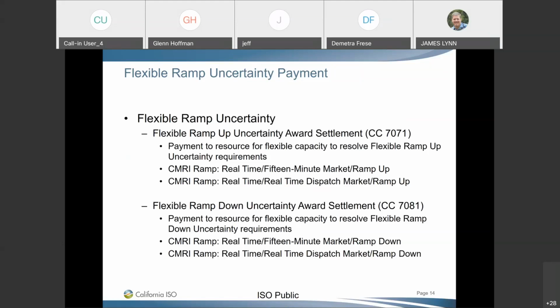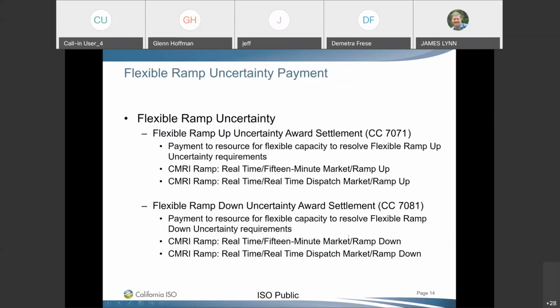If you download that particular report for that resource and ramp up, you'll see that the CMRI report on the awards you receive there is also the awards that settlements receive. And this is the award that you get paid for the uncertainty award, flexible uncertainty award. And you should also have on there the price. Same with down.